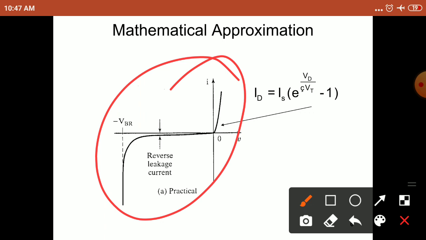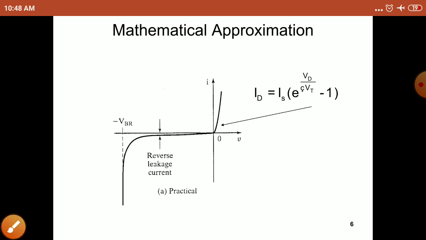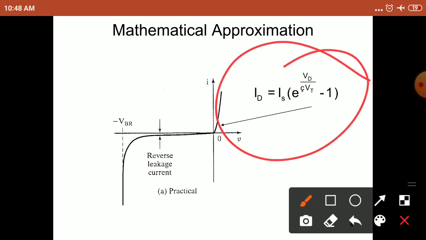So mathematically, how much current is flowing can be calculated using this formula, that is I_D is equal to I_S times e raised to V_D divided by V_T, that is diode voltage divided by threshold voltage, minus 1. Using this equation you can calculate the current flowing through the diode.